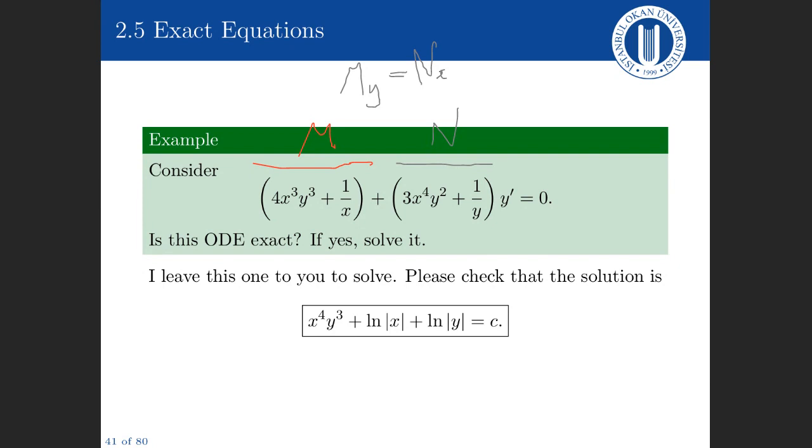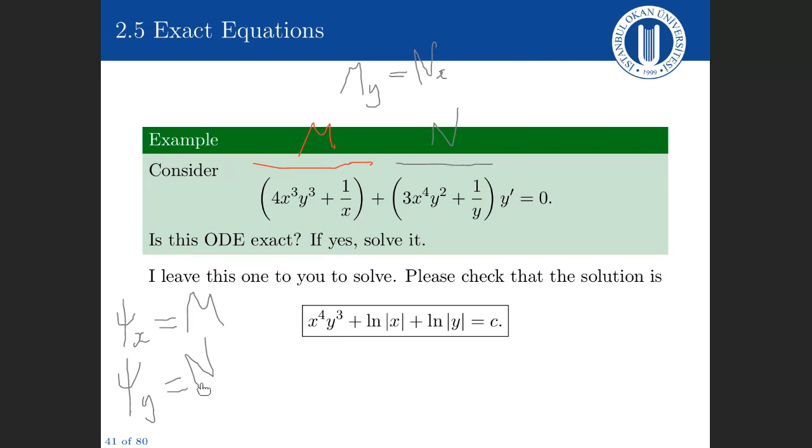start with the equations psi_x equal to M and psi_y equal to N. Choose one of these equations, it doesn't matter which one you choose, and integrate it. If you choose the first one, you must integrate with respect to x.